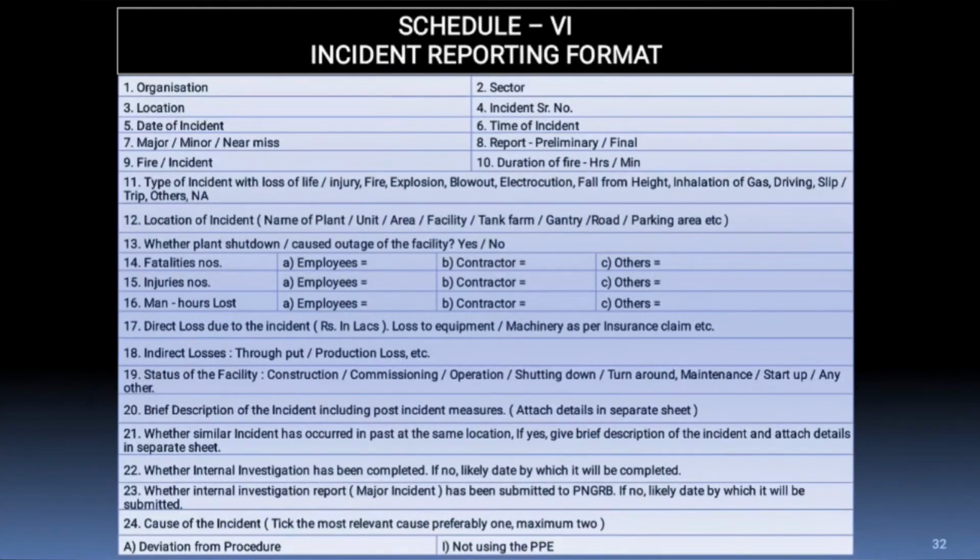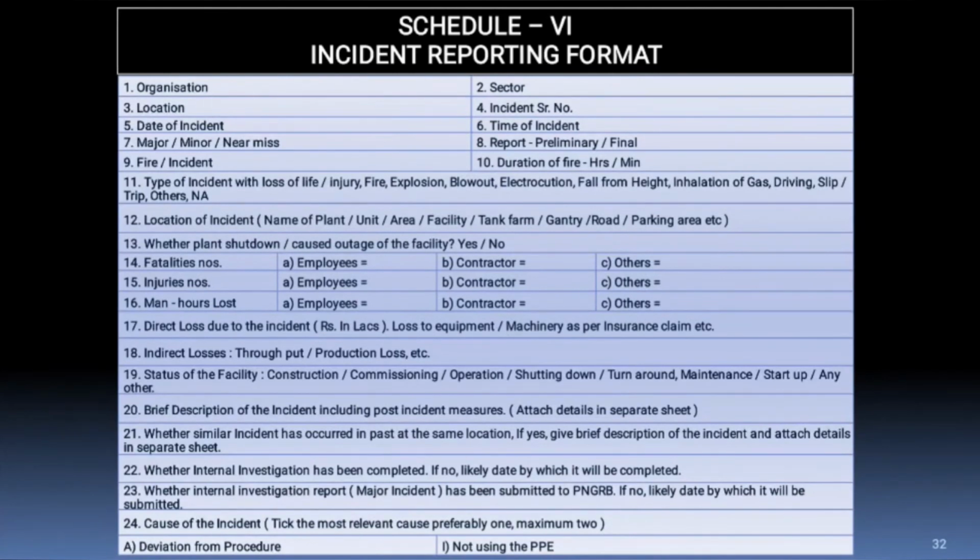Now we will see the format of incident reporting. This is the incident reporting format in which level 2 and level 3 incidents should be reported.